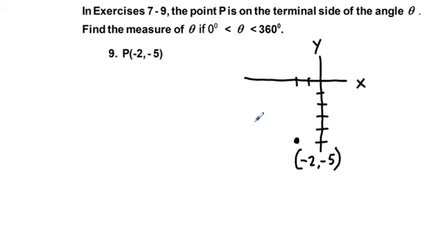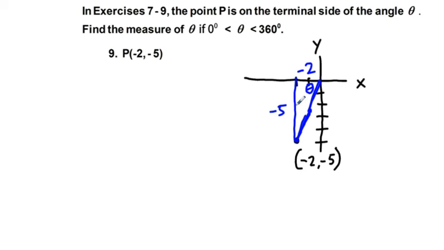Now, what we're going to need to do is get a reference angle, and to do that, we go straight up, in this case, from the point -2, comma -5 to the x-axis, and then we know that we also draw straight from the origin. Okay, so that's straight to the origin. And then our adjacent side is up here, the x value, which is -2, and the y value, the opposite, is -5. And we take the tangent, and we'll put the theta sign right here.